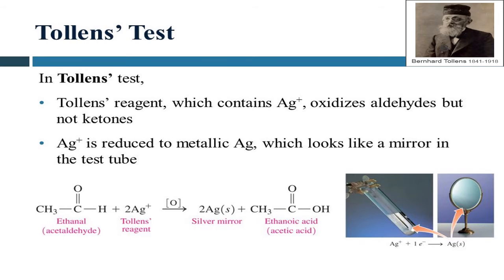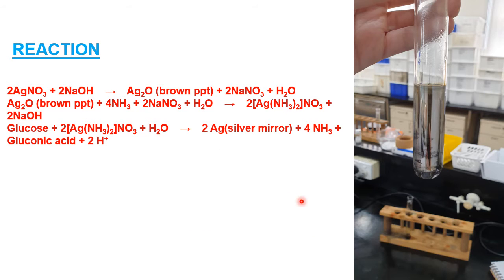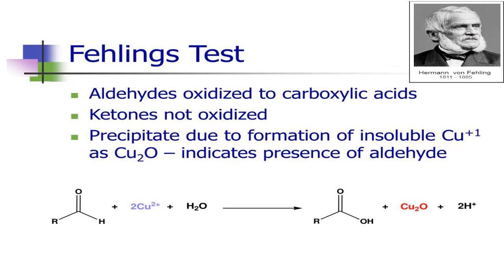You can clearly see the precipitation of silver on the sides of the test tube. That confirms that the given carbonyl compound is an aldehyde. This is the reaction involved in Tollens' test, which is not in our syllabus. I gave it as extra.